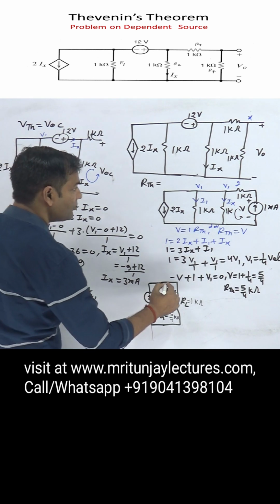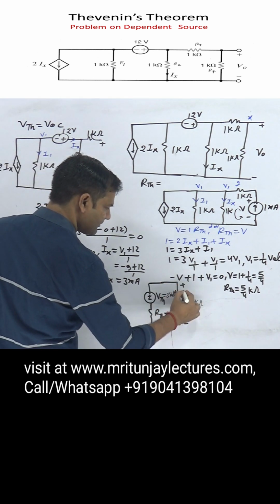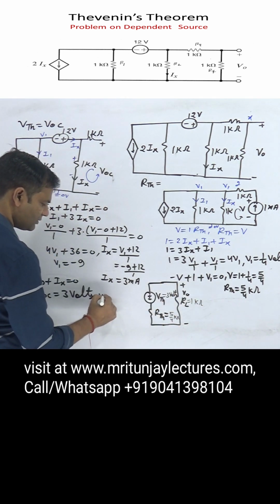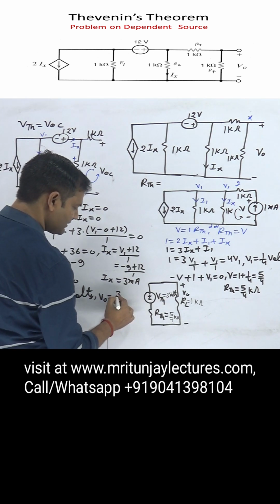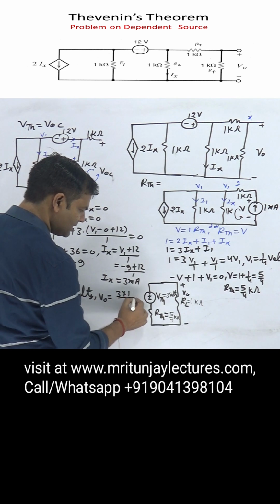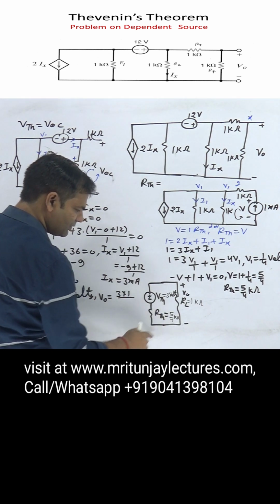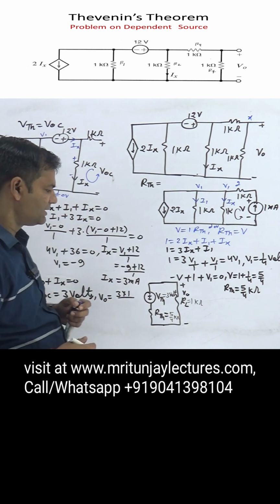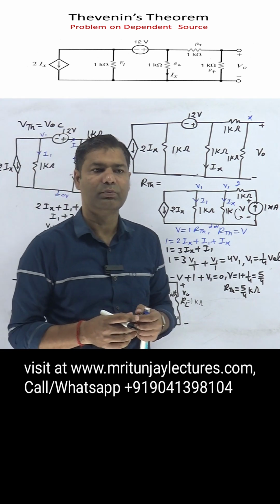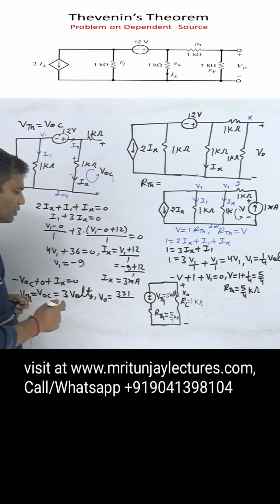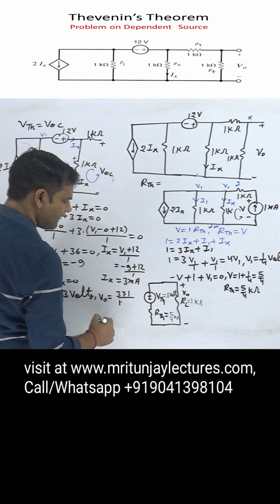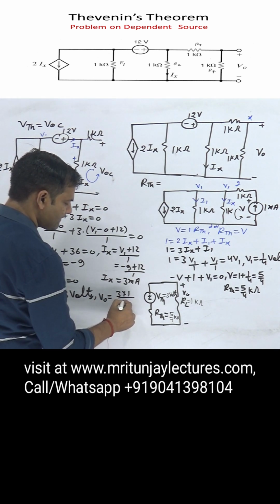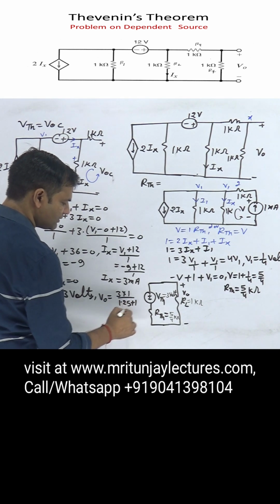So the next target is V0. Our motto is to determine V0. So V0 is written as 3 divided by 3 into 1 divided by 5 by 4, which is also 1.25 plus 1.